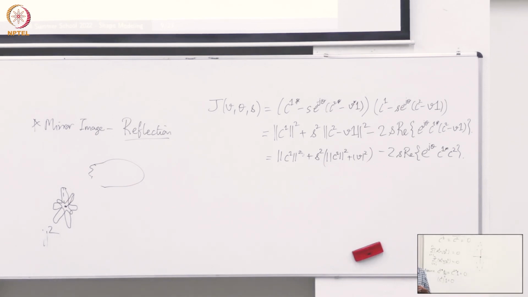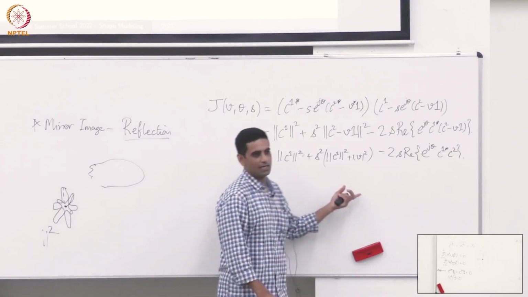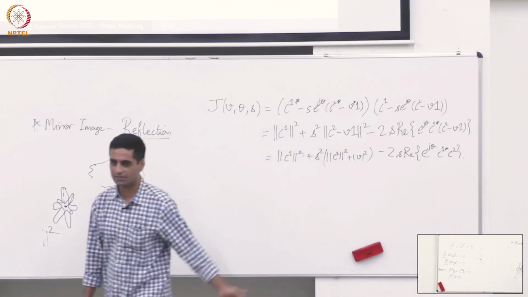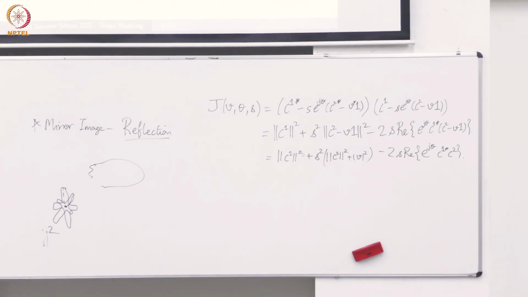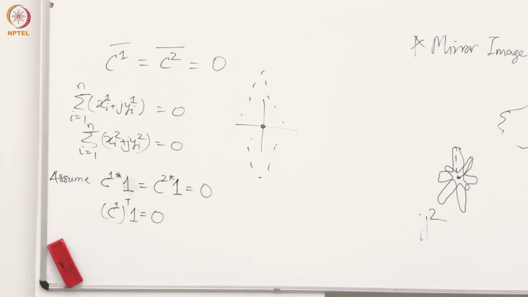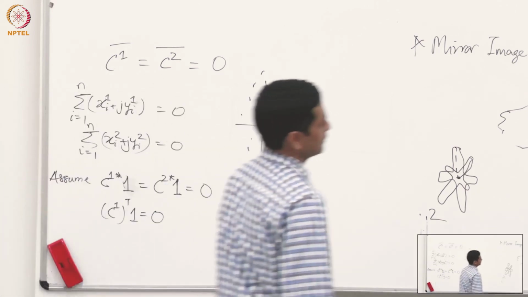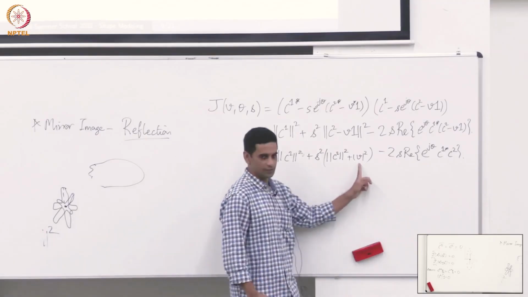Okay. So, what should be the value of V to minimize this? Now, that's an easy question. V should be 0. Do you see that? This is absolute value of v squared.